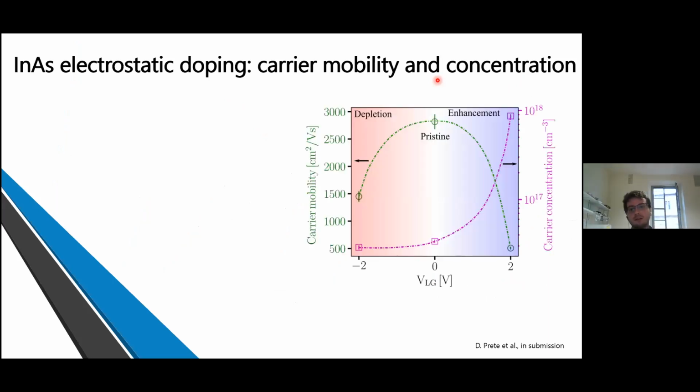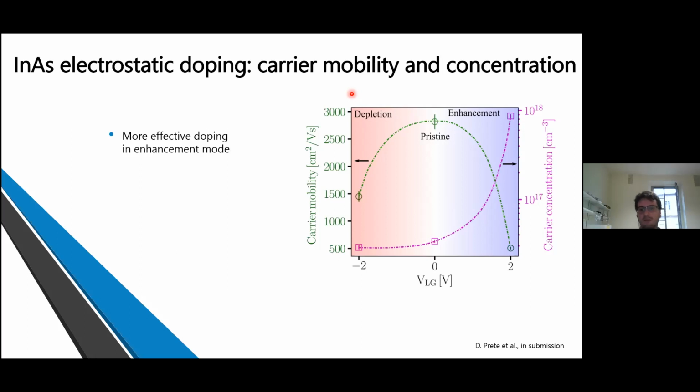Now consider this plot. Here, the purple curve is showing the measurements for the carrier concentration, while the green curve is reporting the measurements for carrier mobility. Let's talk for a second about carrier concentration. The first thing it is possible to notice is that the enhancement doping regime is much more effective with respect to the depletion doping regime.